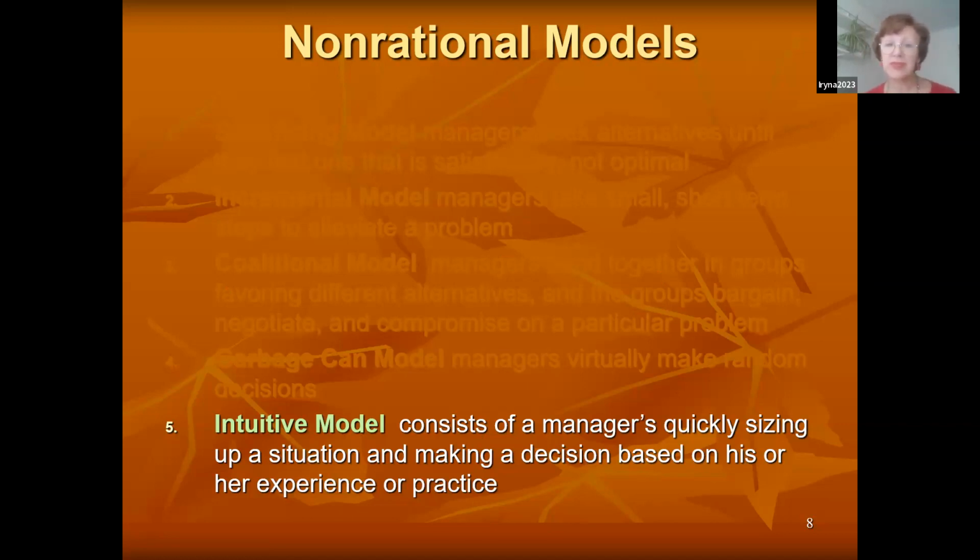So up to now, we have discussed classical and non-classical models of decision making.